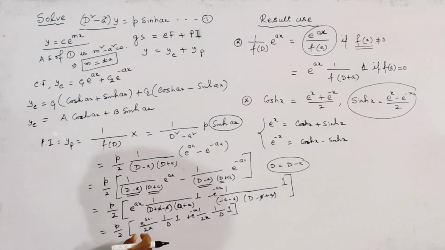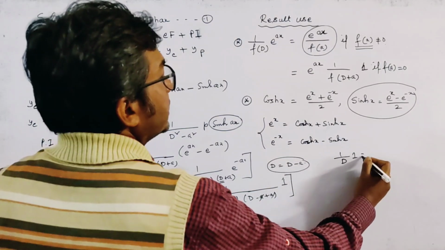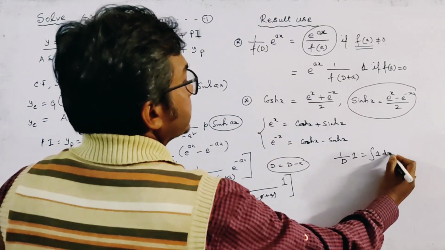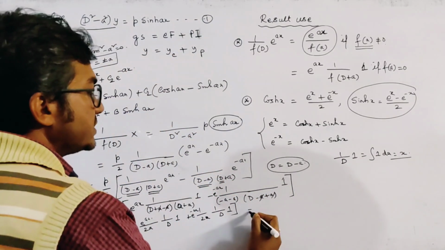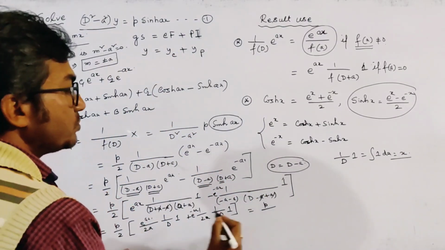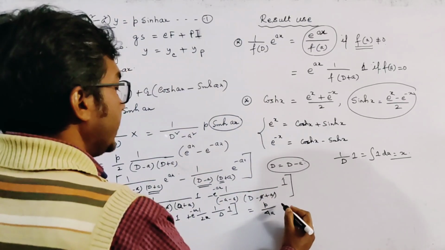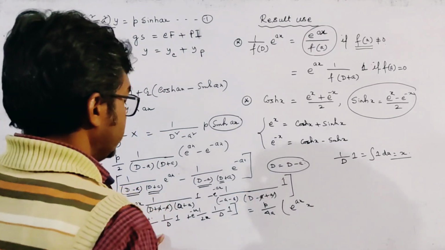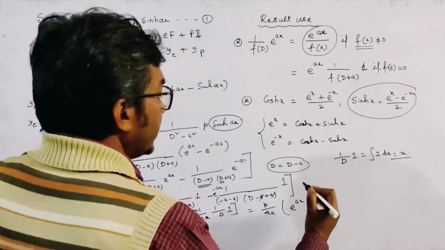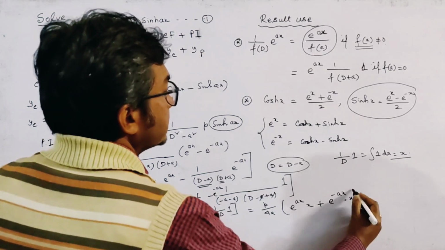Now we take 1 by 2a common from both parts, and 1 by D into 1 means integration of 1 dx, which is clearly x. So the final result is p by 4a into e to the power ax into x, plus e to the power minus ax into x.